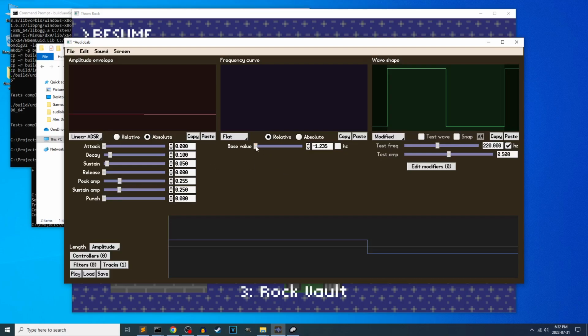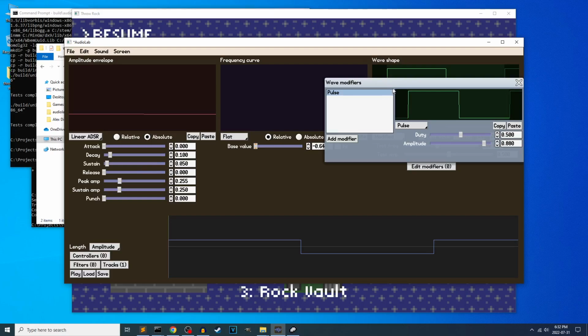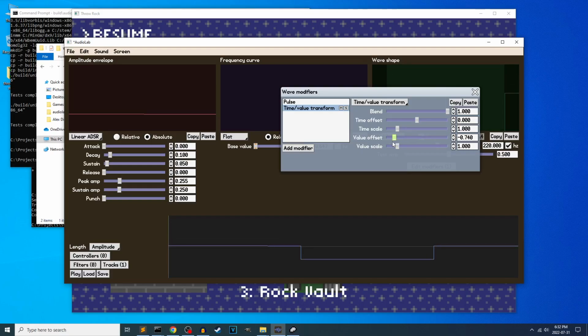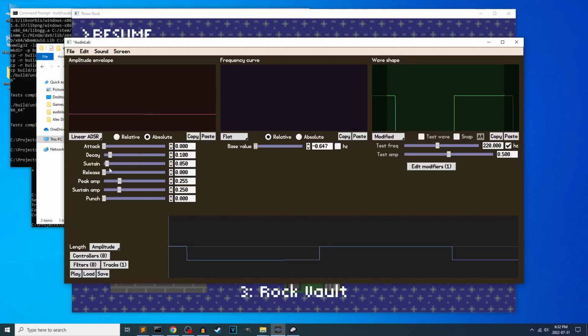Okay, let's make this a higher frequency to the point where we have one cycle in there. Then I think I have a time value transform, value offset, check this out. And then time offset, here we go. And then shorten this. That's close enough.